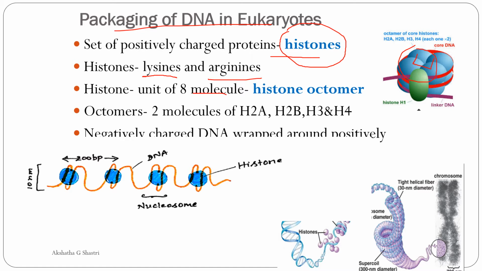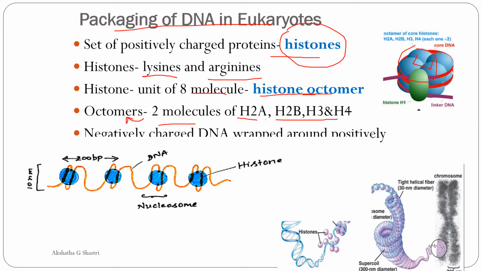Each comprises H2A, H2B, H3 and H4, two molecules of each, hence we call it an octamer, and hence the name histone octamer.